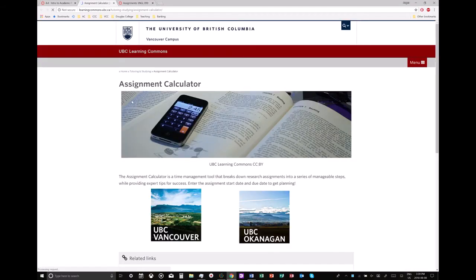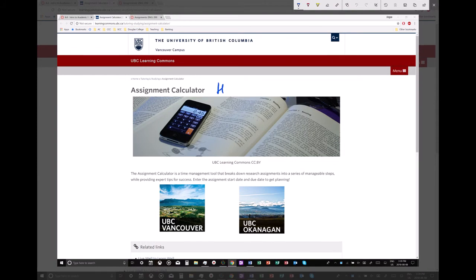UBC provides this assignment calculator where you can figure out how much time you need to finish.